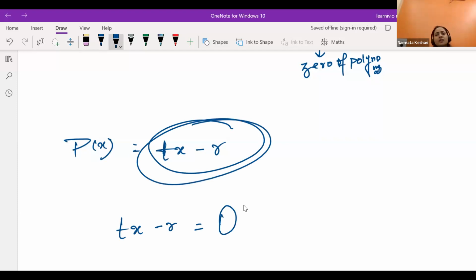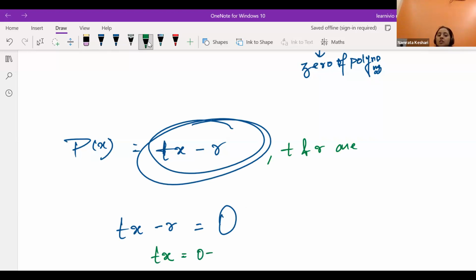But here t and r also look like variables, but let me tell you that is not a variable. That is just like a number, that is a constant term. Even if it is not mentioned that t and r are constant, you have to take them as constants only.